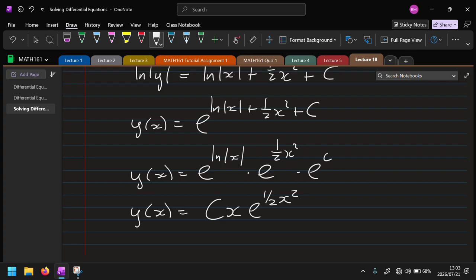So you can call it c, you can call it a. That's up to you. Okay, but if you're looking online and suddenly the C becomes an A, it's just a convention. So don't worry about how did this e to the c become an A. It's just a renaming.